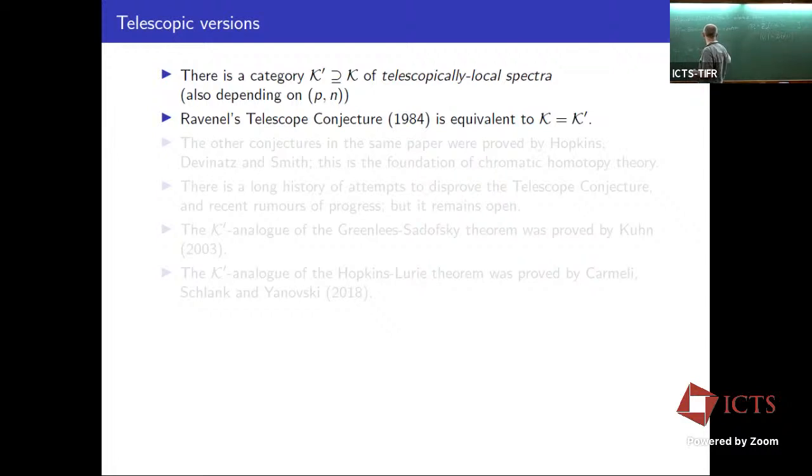for any n, we can find a finite spectrum.